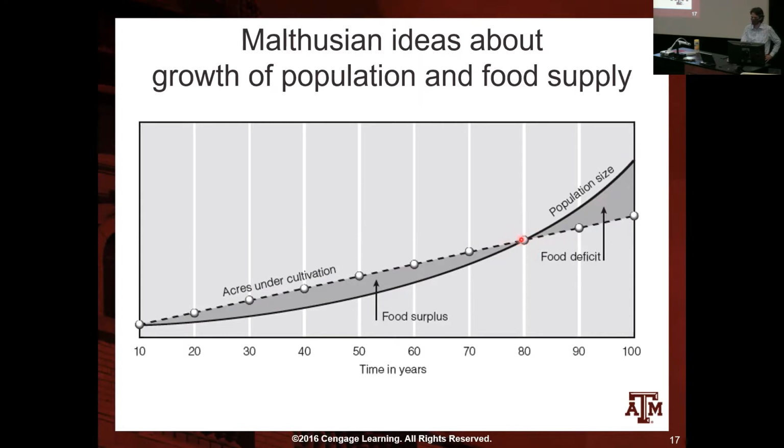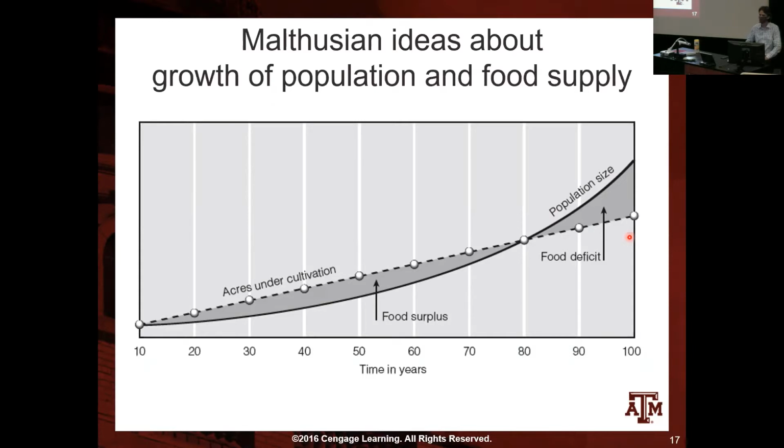So we will reach a certain time period in which, instead of having a food surplus, we're going to have a food deficit. In this case, population growth will cause poverty in that society because we don't have enough food for the population.